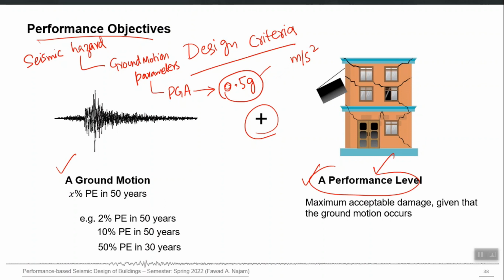In a deterministic manner, when I say 0.5 g, I mean that the maximum peak ground acceleration which can be experienced at that particular site is 0.5 g.